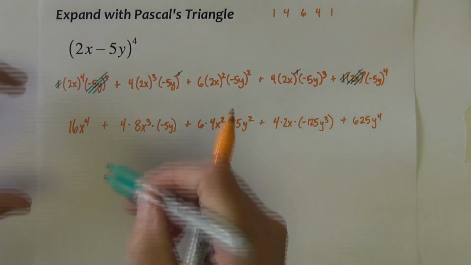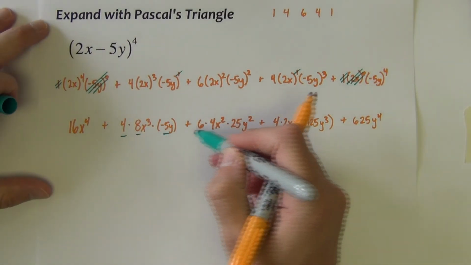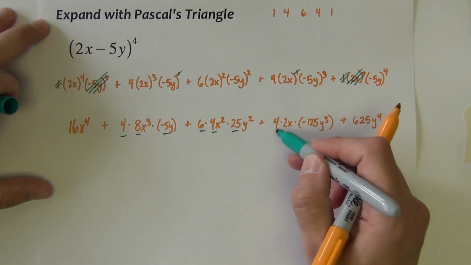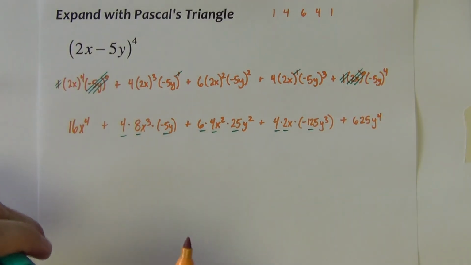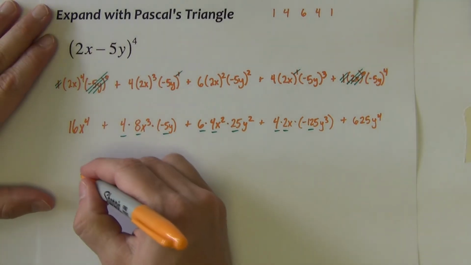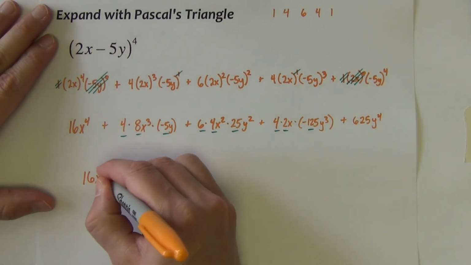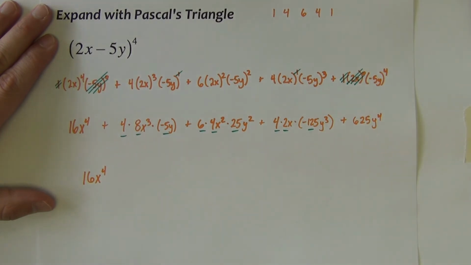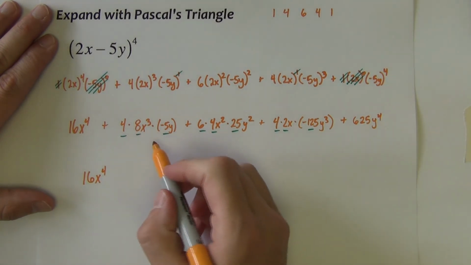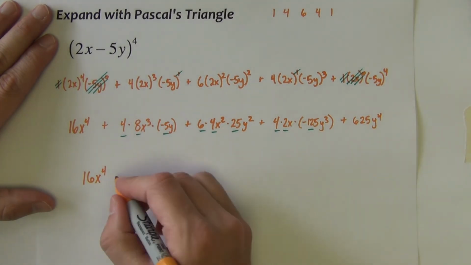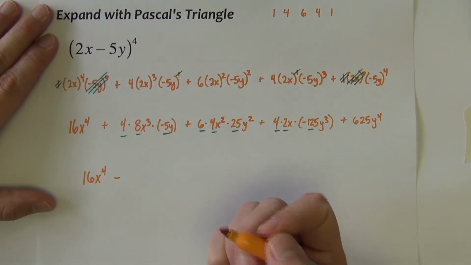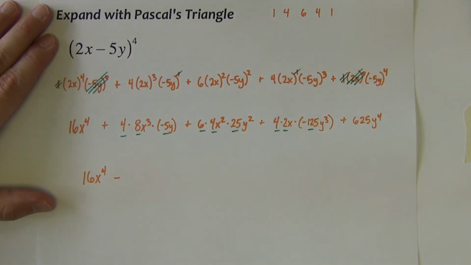Okay, so now comes the products. Within each of these terms in the middle, I've got to multiply those numbers together. Let's see if we can do that, and feel free to use a calculator if you want. There's no harm in doing that. 16x to the 4th times, actually it's going to be minus, because there's a negative sign right there.